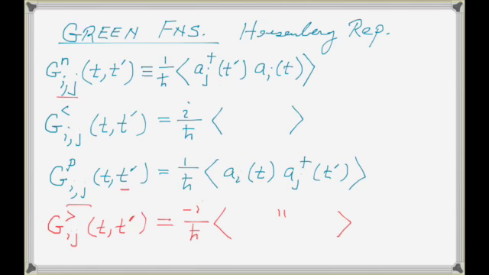Green functions. So in this second quantized representation, how are they defined? This is how they are defined. This factor of 1 over ħ out front: in so many physics texts, ħ equals 1, so you never are quite sure where it should be. I defined it this way so the equations of motion will give me just a delta(t minus t') on the right-hand side, as opposed to an ħ delta(t minus t').